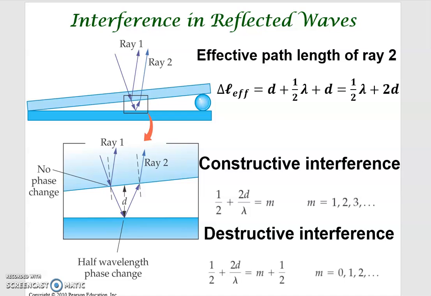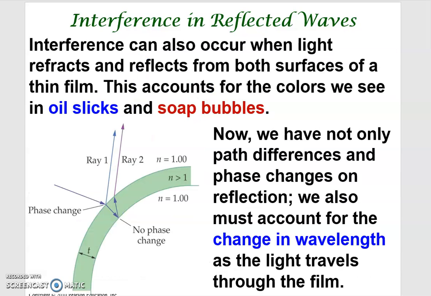They involve whether the reflective wave is out of phase or in phase. So finally, we are going to study the interference that happens in the oil slick or the soap bubble. Not only do we consider the path difference and the phase change on the reflection, we have to consider a third factor, which is the change in the wavelength.